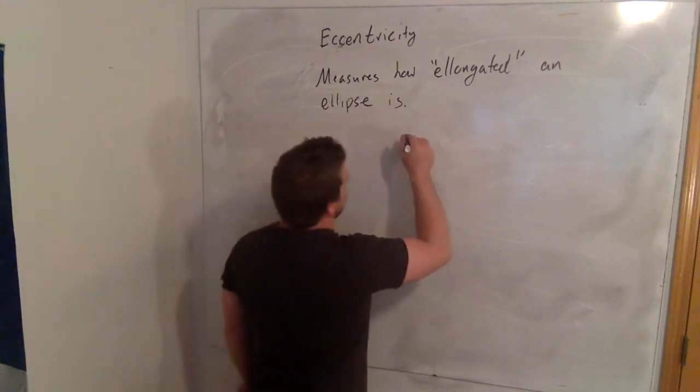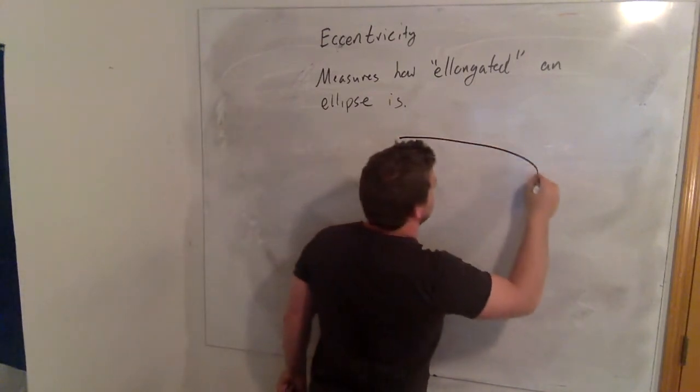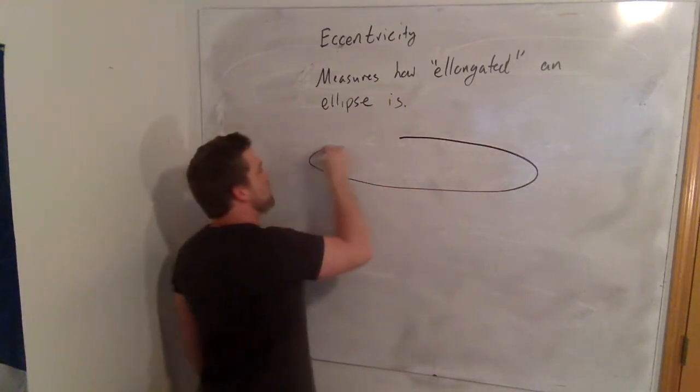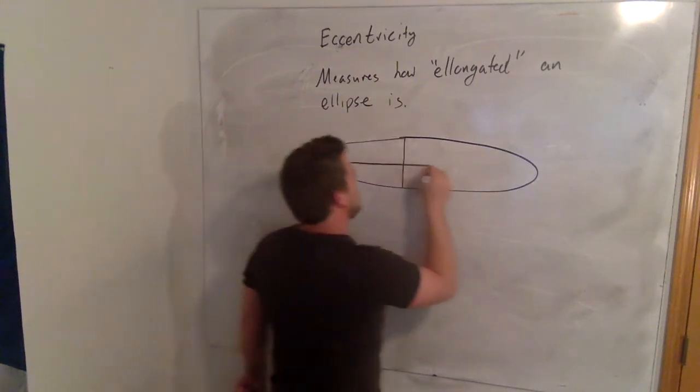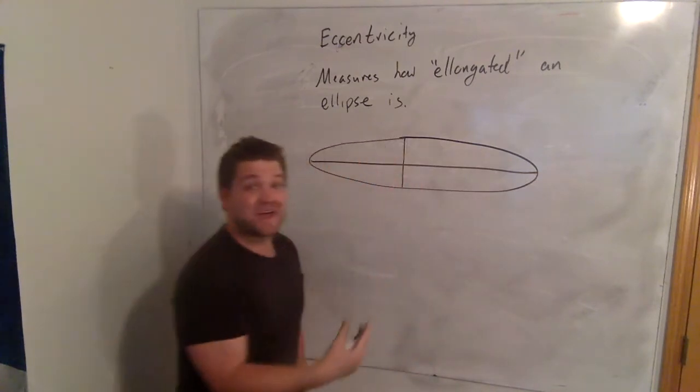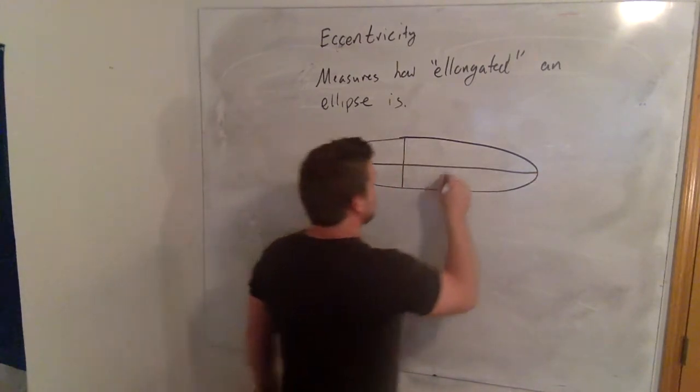So what is the eccentricity defined to be? Instead of me drawing you a bunch of hand-drawn pictures to show you why eccentricity is defined this way, I'll show you an animation in just a moment.